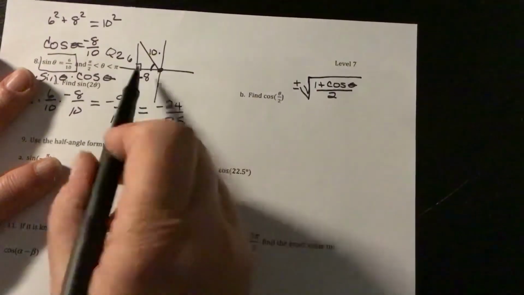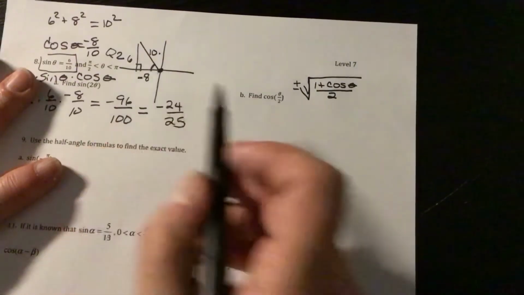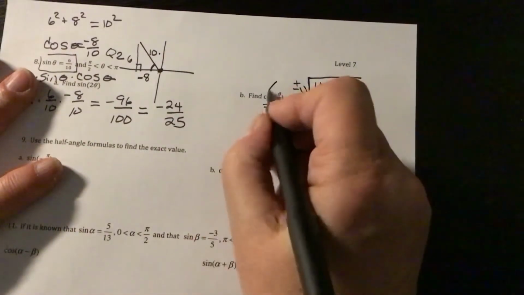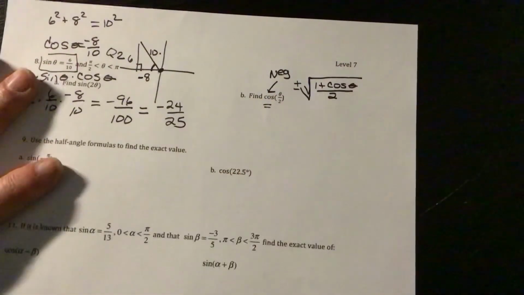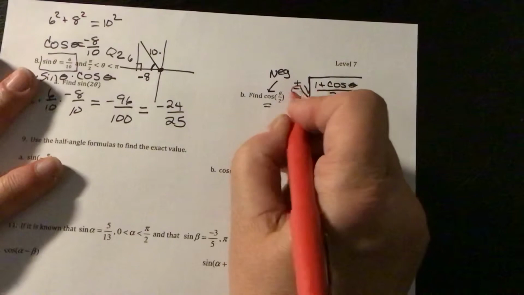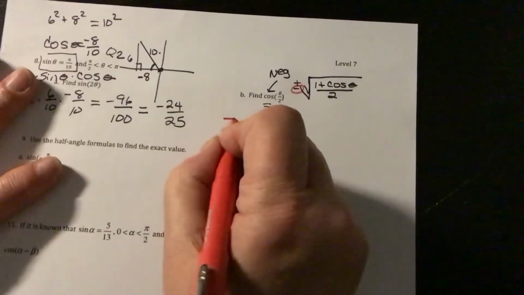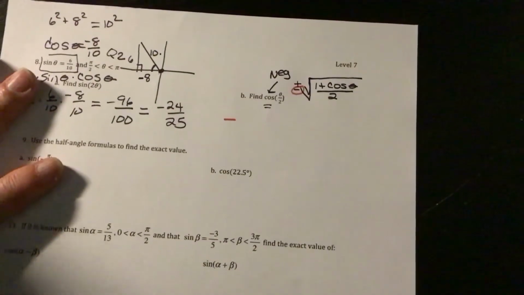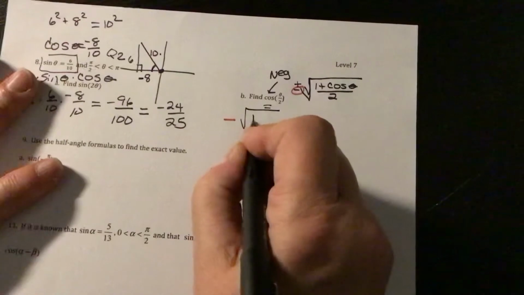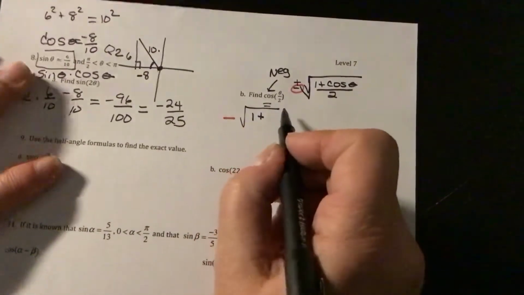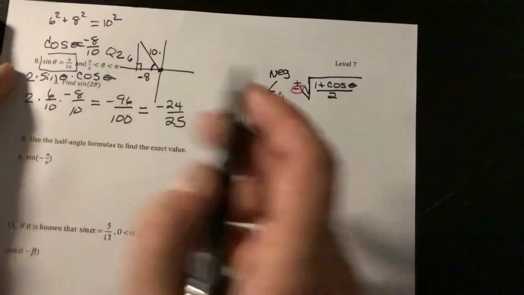Now, because my triangle is in quadrant 2, cosine is negative in quadrant 2. So that means I want to use the negative value. So my answer, when I plug in the values, I'm going to have the negative value of the square root of 1 plus, now cosine was, we said, negative 8 over 10.